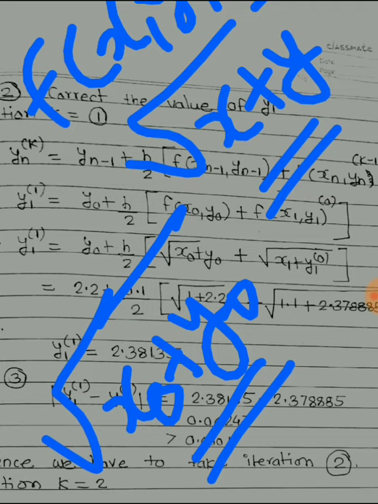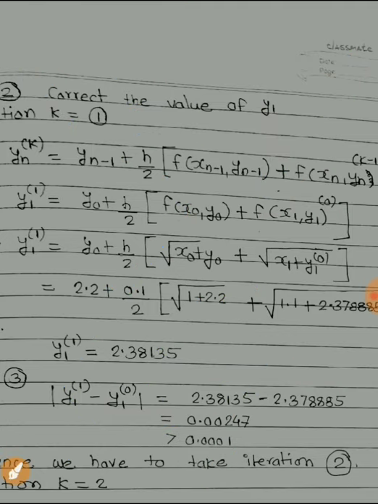This was the equation given in the problem. If I replace it with x0 y0, the equation becomes y1 raised to power 1 is equal to y0 plus h by 2 in bracket square root of x0 plus y0 plus square root of x1 plus y1 raised to power 0.